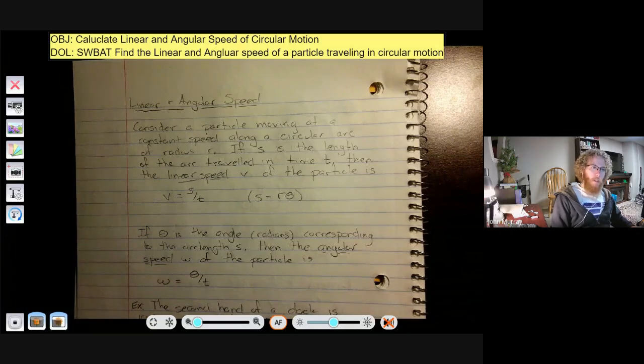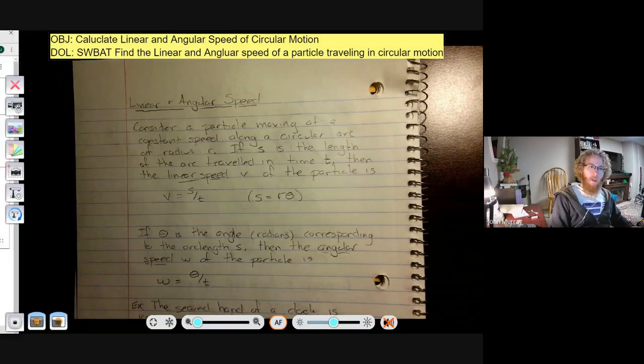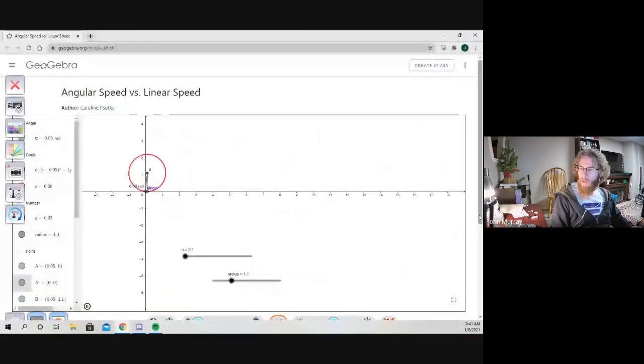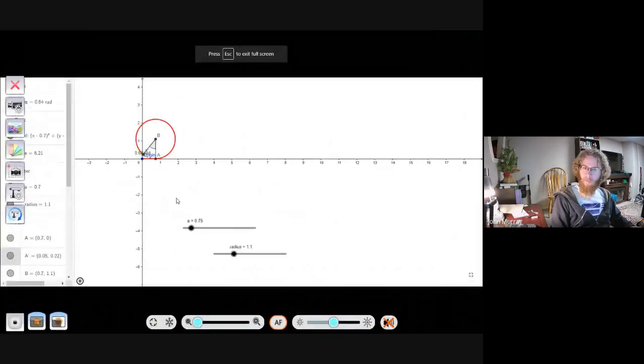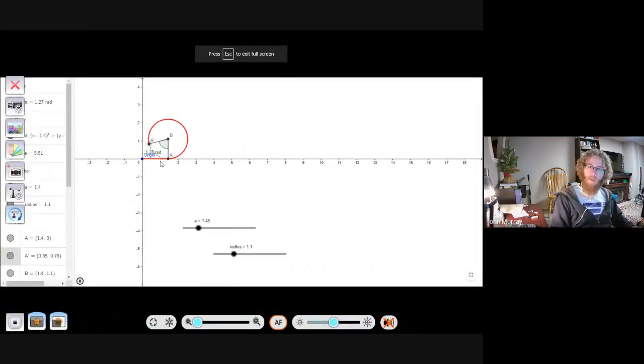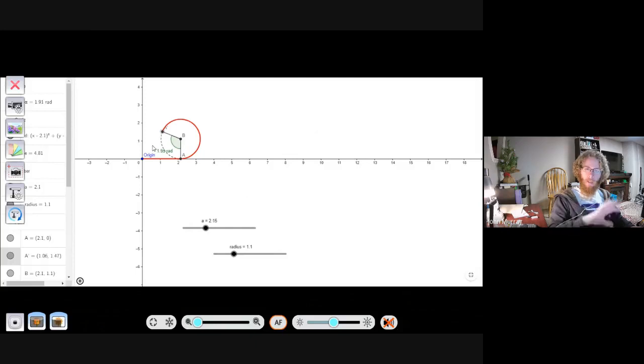So one way to kind of look at the linear versus angular speed, okay, is if we have that particle, right, here we have the circle, and the circle's moving. So as this angle increases, okay, that is our angular speed, and this red line that's being left behind, we can consider the linear speed, okay?